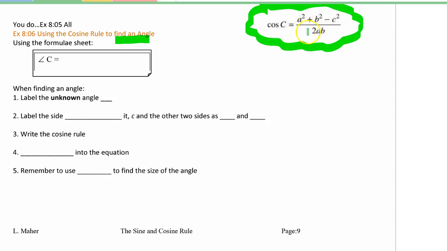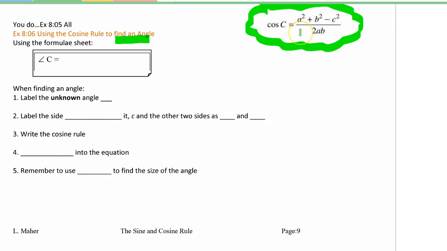We can't have anything here, and you can see they're all lowercase letters, so they're all sides. We can't have any of those as an unknown. These questions should be really obvious to spot, so there'll be numbers on all three sides of the triangle.